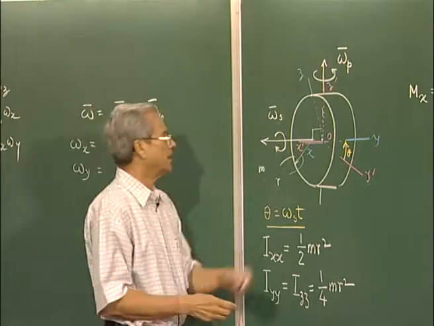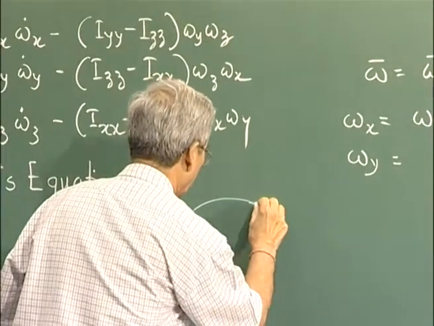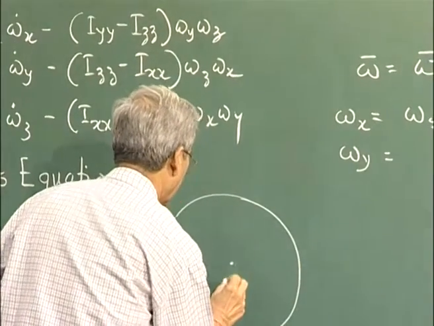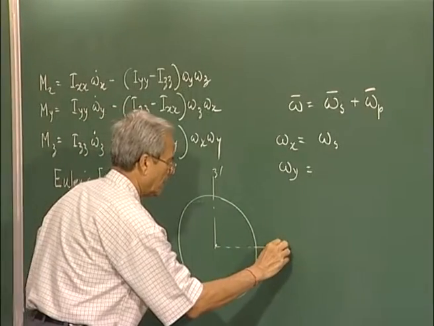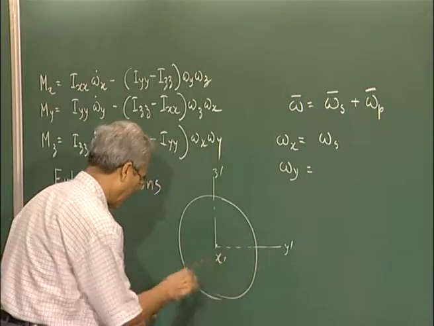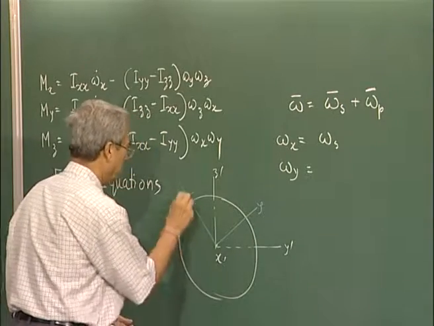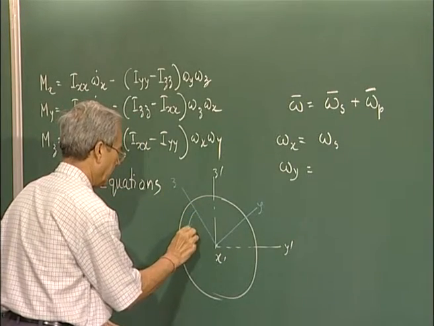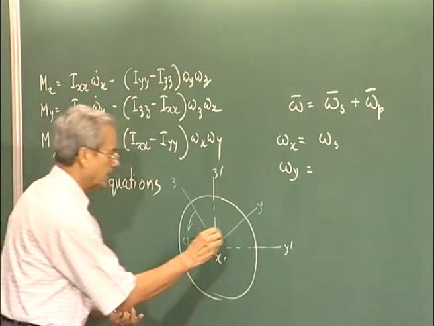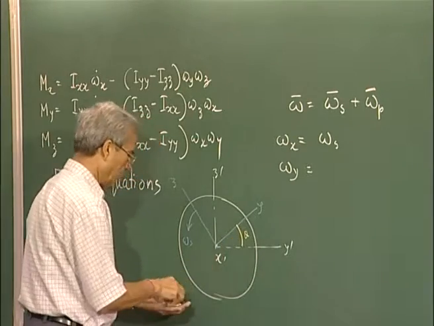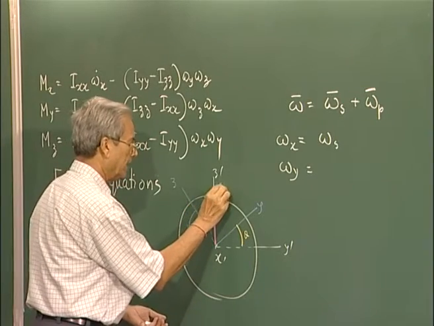Now, if you see the frontal view of the disc, where this is the x axis, this is the z prime, this is the y prime, this is the x prime, and y and z are the axes rigidly connected to the body. This is theta. We know here that omega p is in this direction.